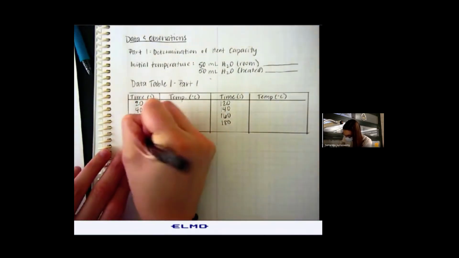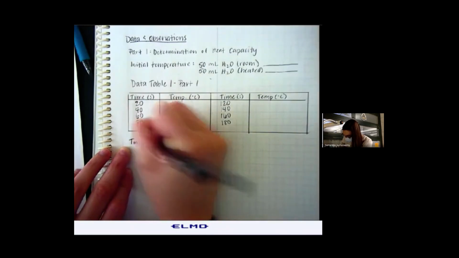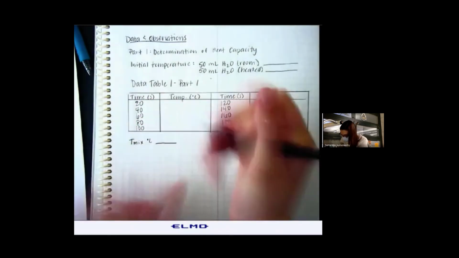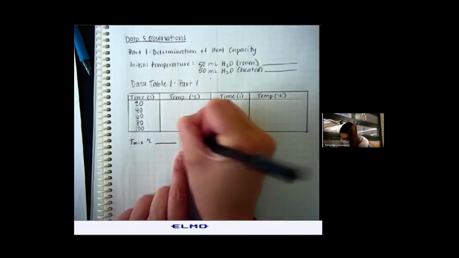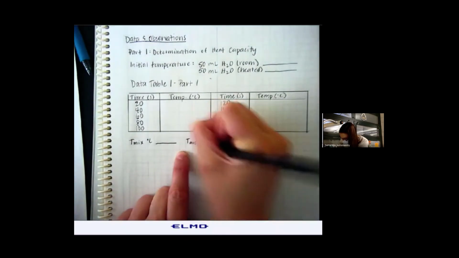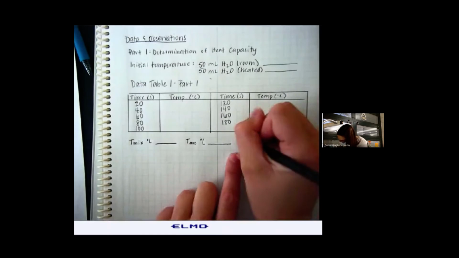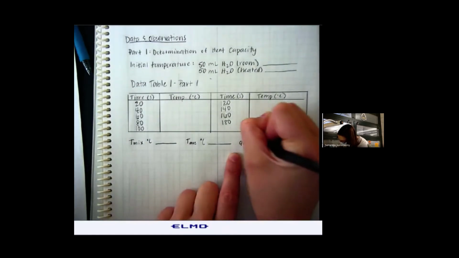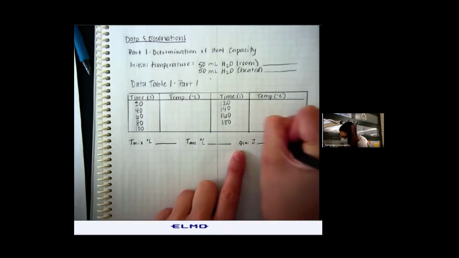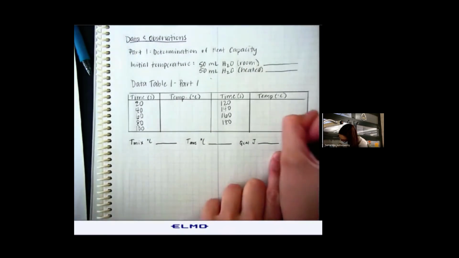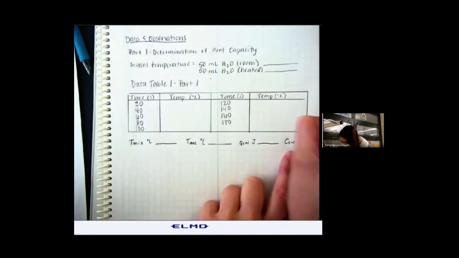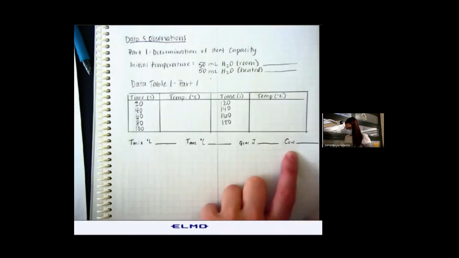T mix, degrees Celsius, put a blank. T average, degrees Celsius, put a blank. Q cal in joules, blank. And C cal, blank.